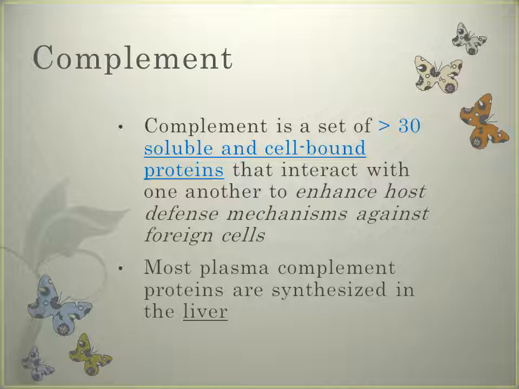Most of the plasma components of complement are synthesized in the liver. If you've studied liver physiology, you've learned that the functions of liver cells are tremendously varied and important, and one of those functions of the hepatocytes is to synthesize many of the complement proteins.